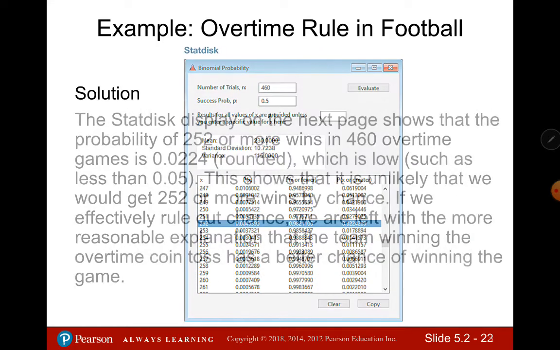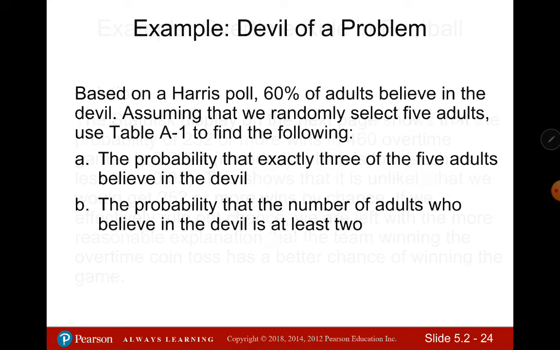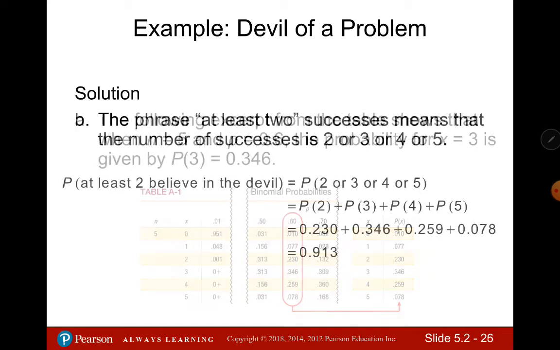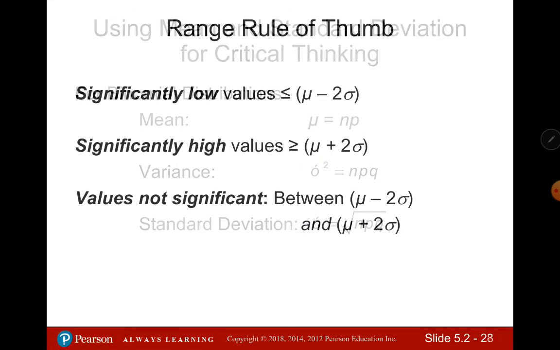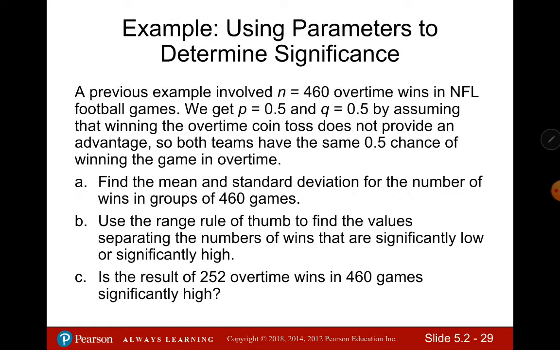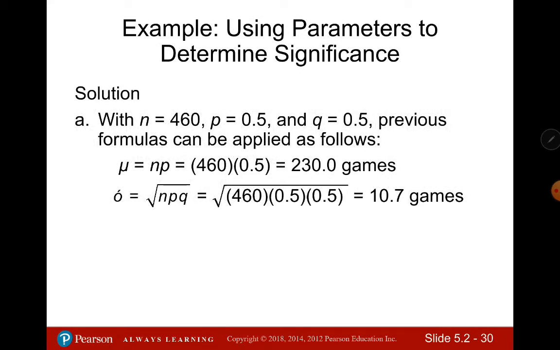So n is 460, and for the coin toss, winning and losing are equally likely, so p and q are the same, 0.5.